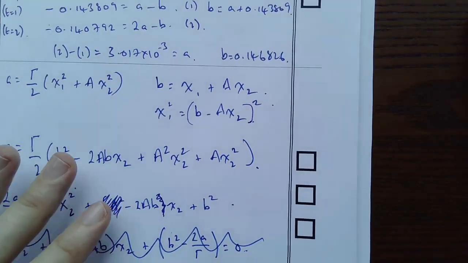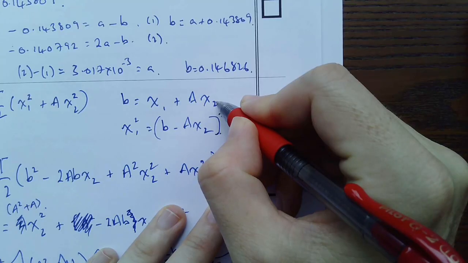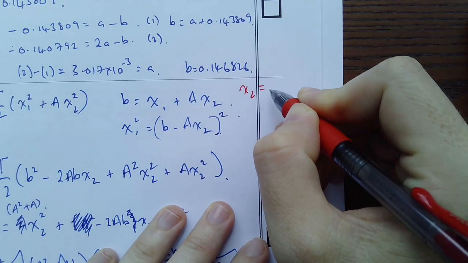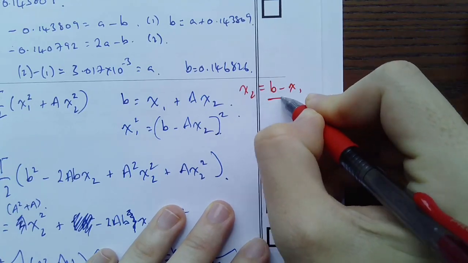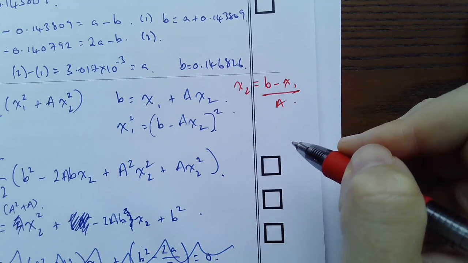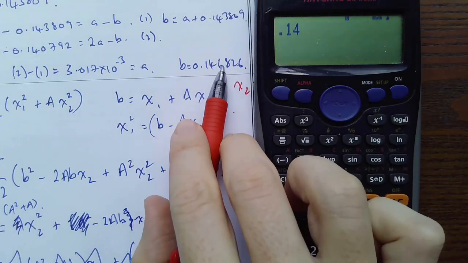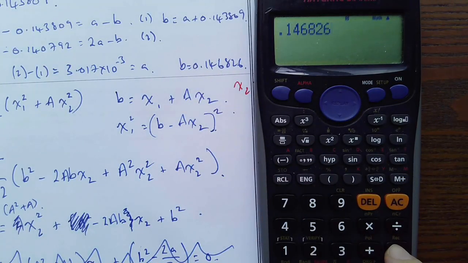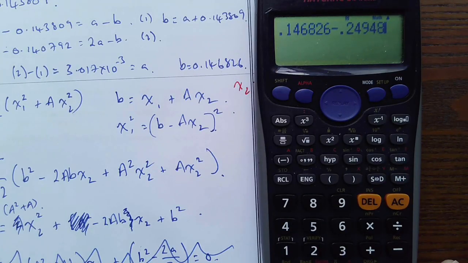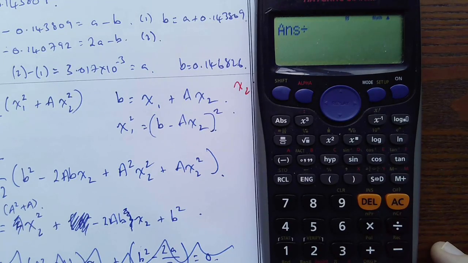So let me do that here. x2 is going to be b take x1 over a. So I know that b is 0.146826, take 0.24948, divided by negative, what?